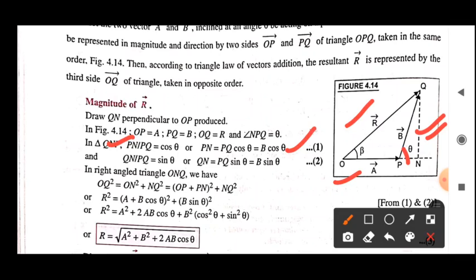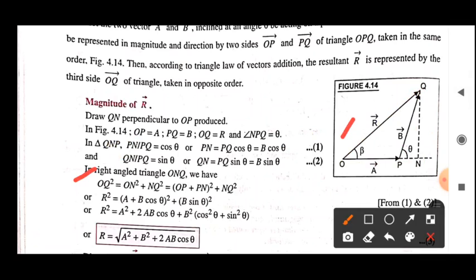Similarly, we can find the value of QN by using sin theta. So it will be equal to B sin theta. Now let's take the right angle triangle ONQ. In this right angle triangle, OQ is the hypotenuse.